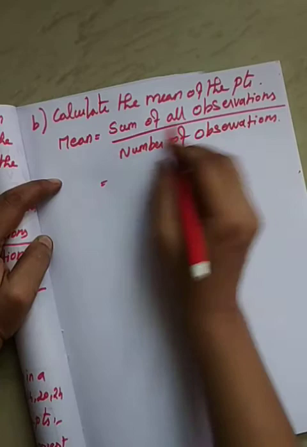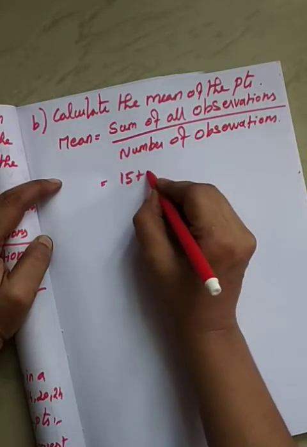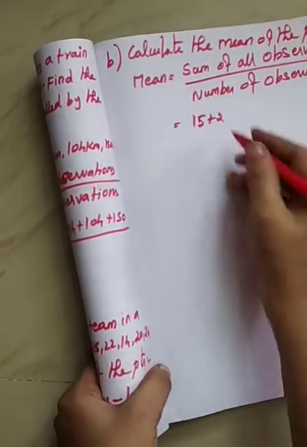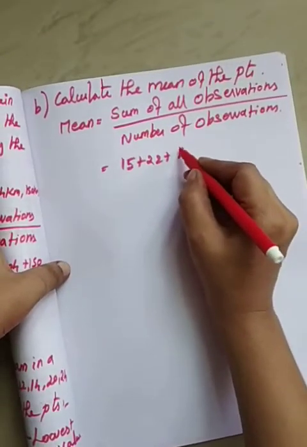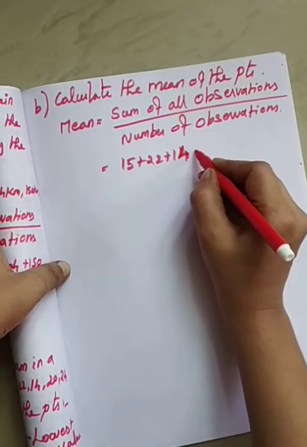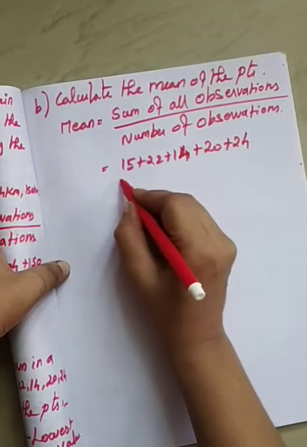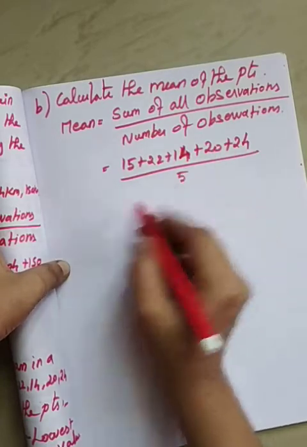So first you have to sum all observations. Write the value first. What is that? 15 plus 22 plus 14 plus 20 plus 24, divided by number of observations 1, 2, 3, 4, 5. So you can put 5.